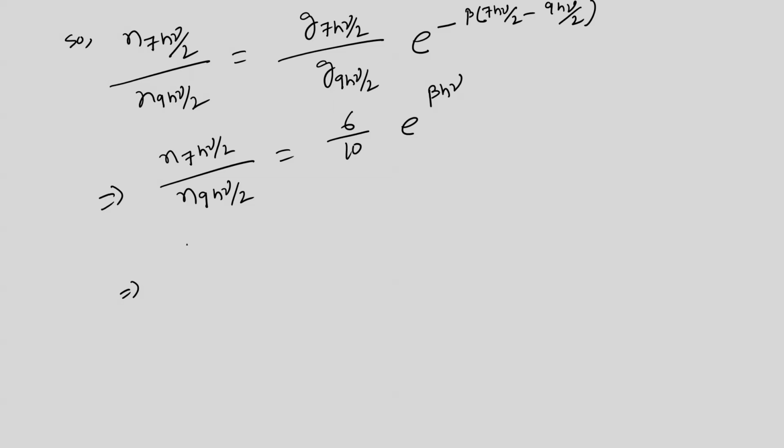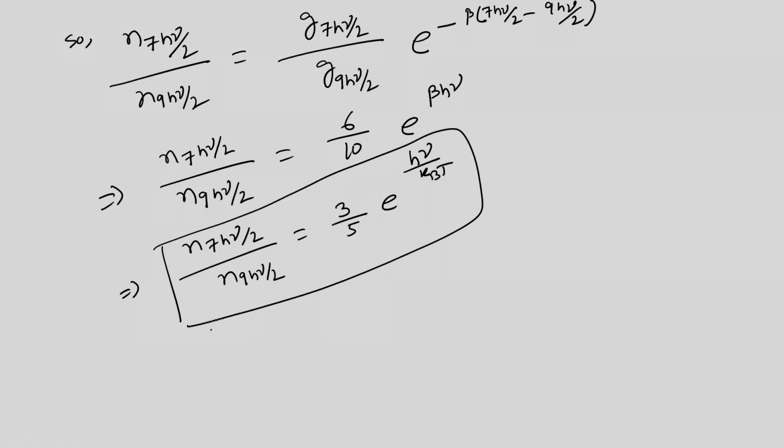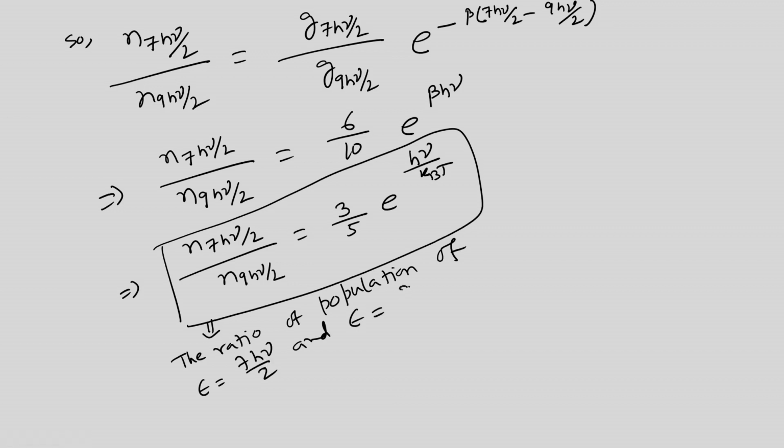So we get n 7 h nu by 2 by n 9 h nu by 2 is 3 by 5 e to the h nu by kBT. So this is the ratio of population of epsilon equals 7 h nu by 2 and epsilon equals 9 h nu by 2 energy levels.